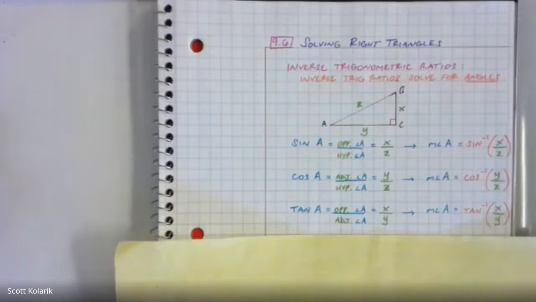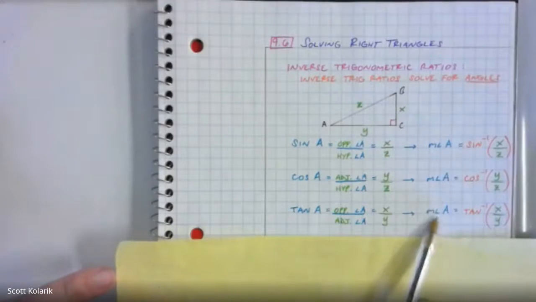And as with most of these things, it's a lot easier to measure out a height or a width or a length of a given measurement for a steel beam or for a pulley system than it is to measure an angle. And so the inverse trig ratios will be what we use to solve for that angle.